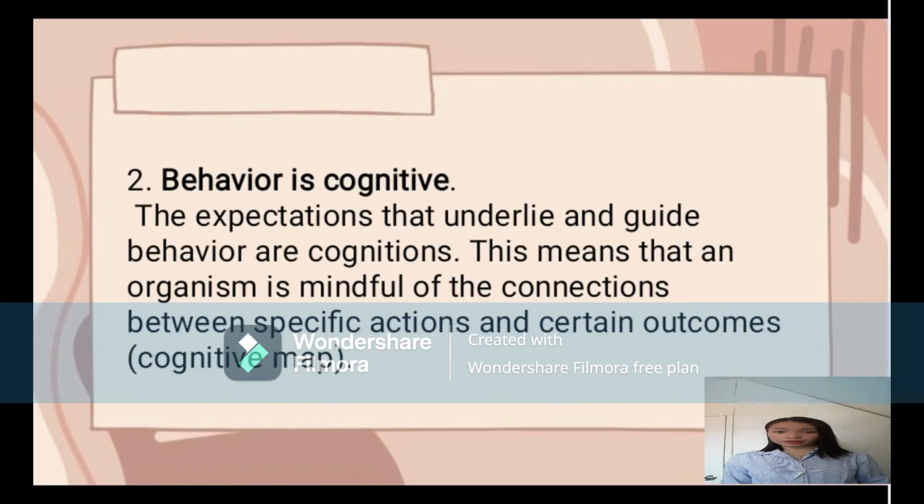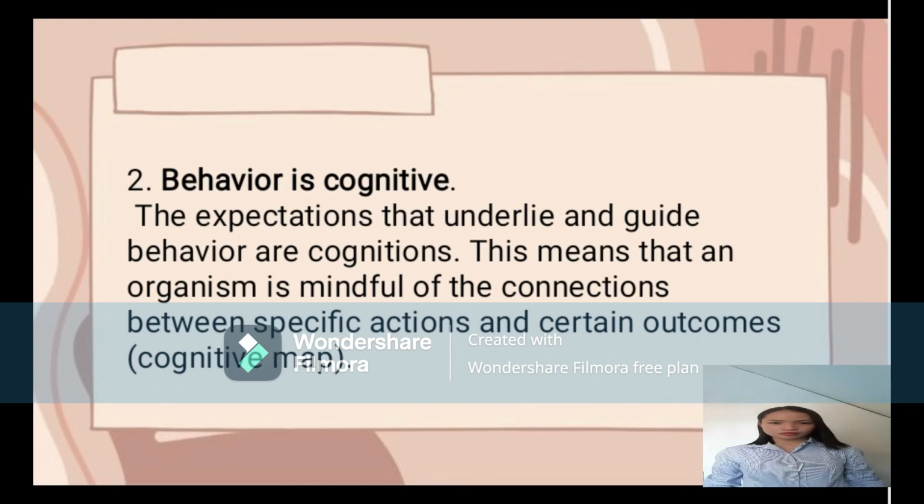The second one is behavior is cognitive. The expectations that underlie and guide behavior are cognitions. This means that an organism is mindful of the connections between specific actions and certain outcomes, which is the cognitive map. One of its examples is cognitive maps in rats. In his most famous experiment, one group of rats was placed at random starting locations in a maze, but the food was always in the same location.